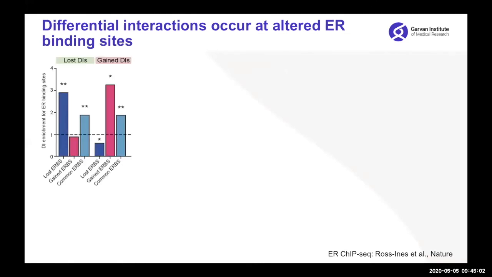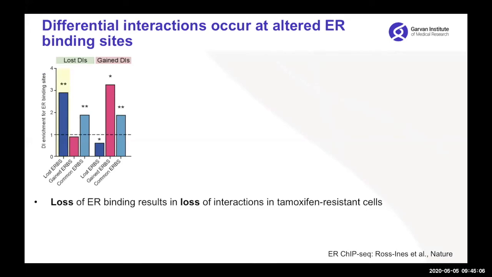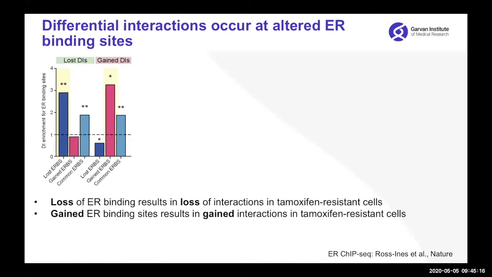So next we looked at the association between the differential interactions we identified and altered ER binding sites. And we saw that loss of ER binding was associated with loss of interactions in tamoxifen resistant cells, while gain of ER binding was associated with new gained interactions in tamoxifen resistant cells.